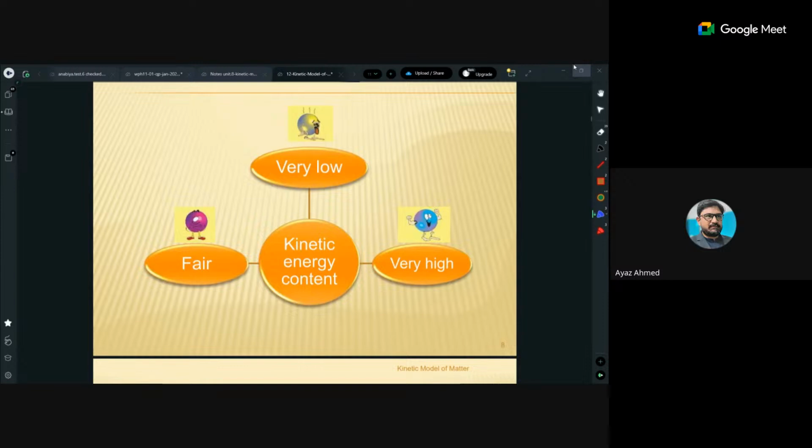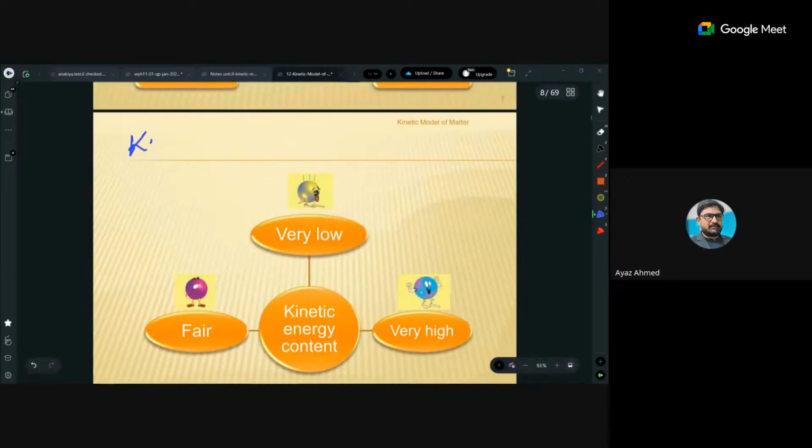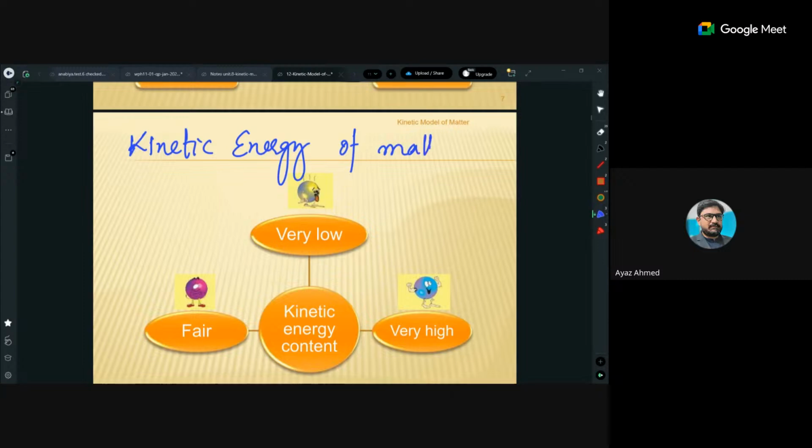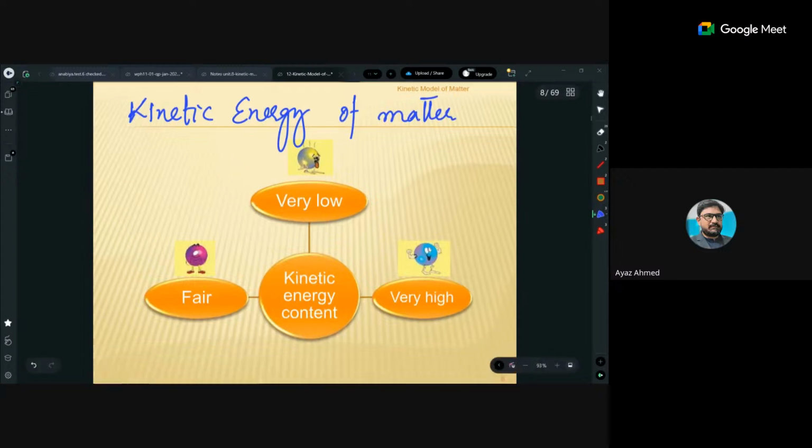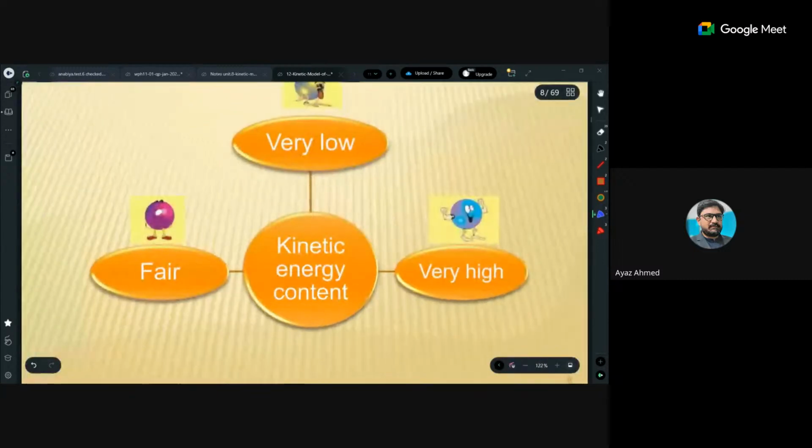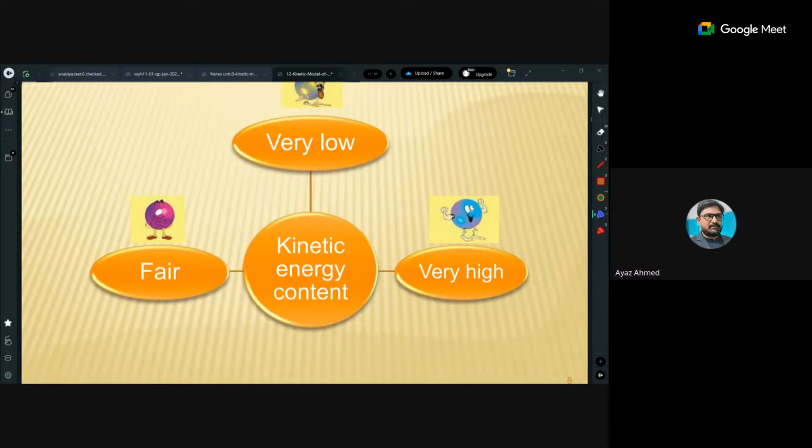So this is related to the kinetic energy of matter. Matter means all these three states, solid, liquid, gas. So molecules of solids do not move. That's why it's very low. You can say the kinetic energy of solids is zero, because they do not move.